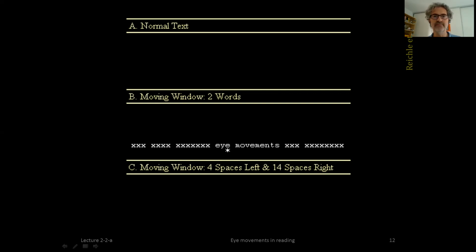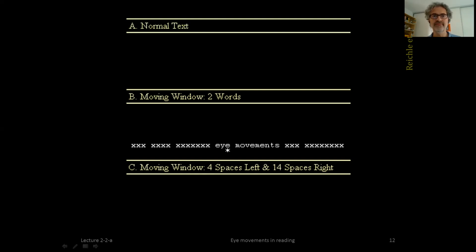Computers are so fast that they can replace every word you're not looking at with X's and turn the word you're looking at into the normal presentation before you have the time to realize it. So you can keep looking around the text and see only normal words, but someone behind your back will see that almost all the text is X's.